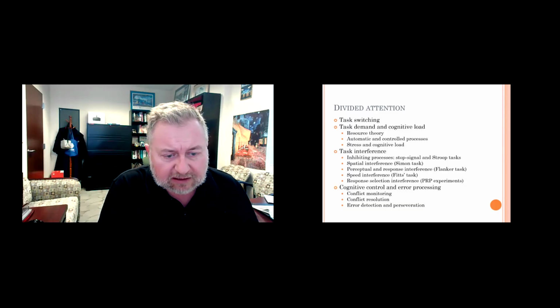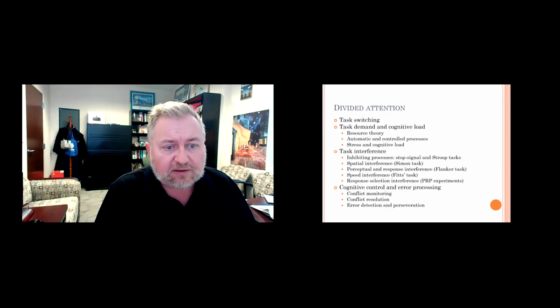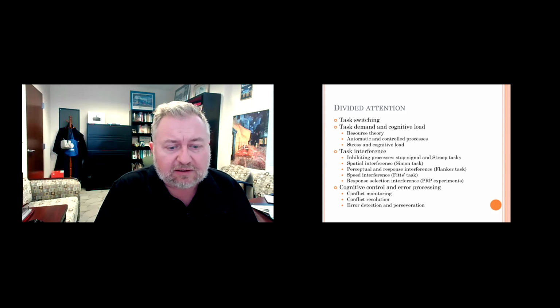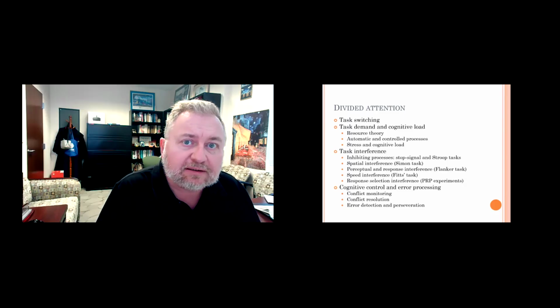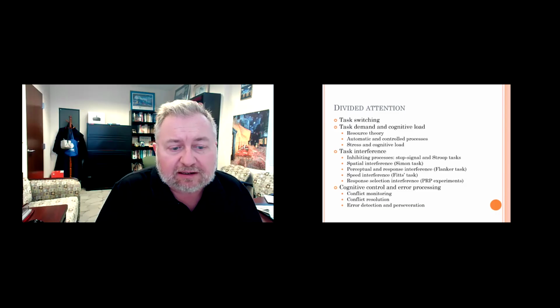Now, one of the other things we need to talk about with cognitive control here is task interference. So when we are doing any kind of divided attention task, a lot of these studies are what are basically called dual task experiments. So there's really only two things you're doing at the same time. And we can get some insight into the different kinds of interference effects that can happen.